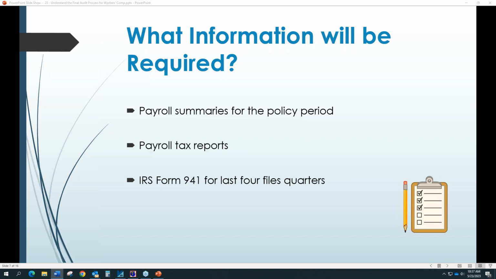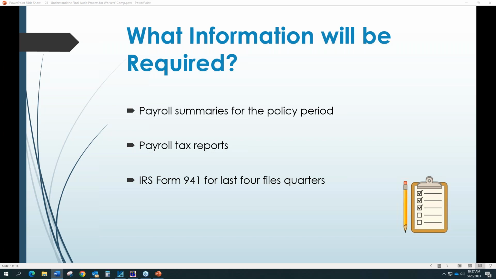All of this is going to be listed out in the audit form the carrier sends to the insured, so the insured will know exactly what the carrier is looking for. Just having this in order before the audit occurs saves the insured a lot of time.